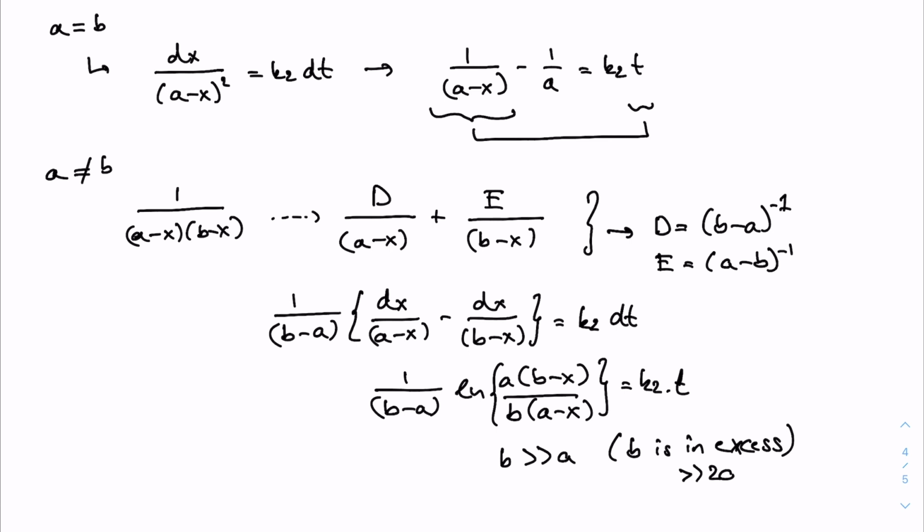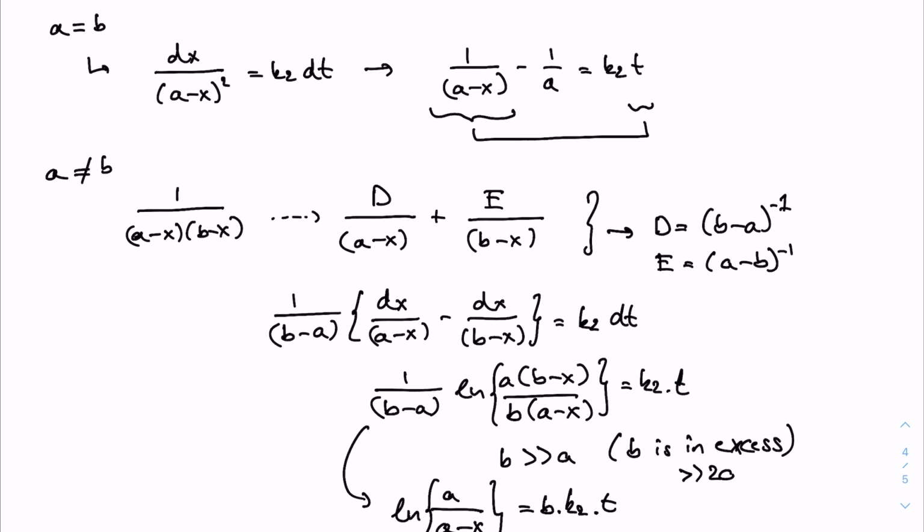So then this whole thing reduces to ln A over A minus X, which is B times K2 times time.